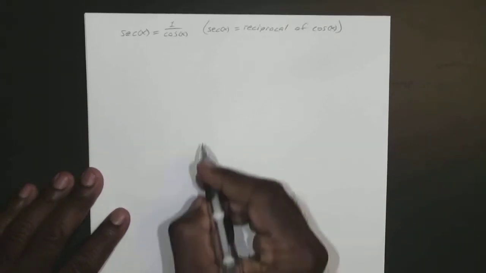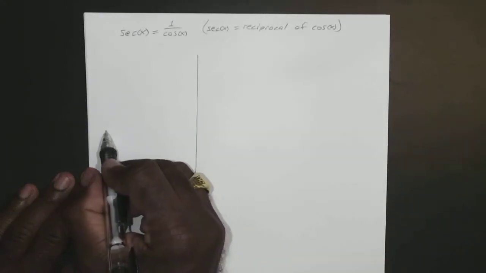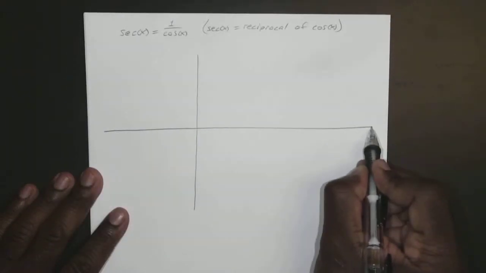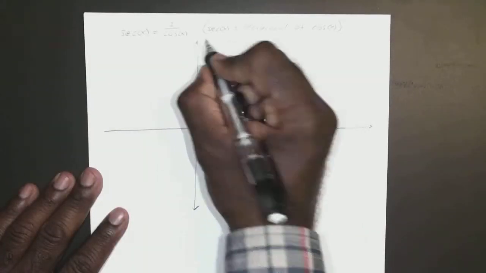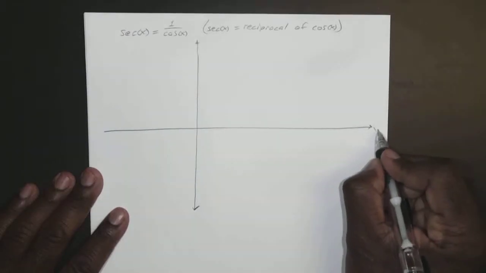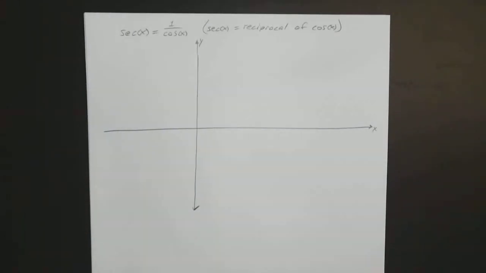So let's say we start off with our XY axis, here's our X and we have our Y. Just like before with cosecant, when we knew that sine couldn't equal 0, here we know that cosine can never equal 0.